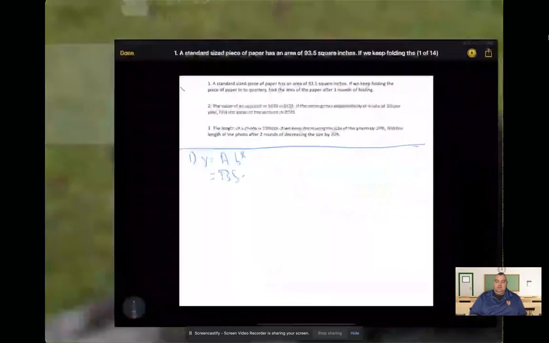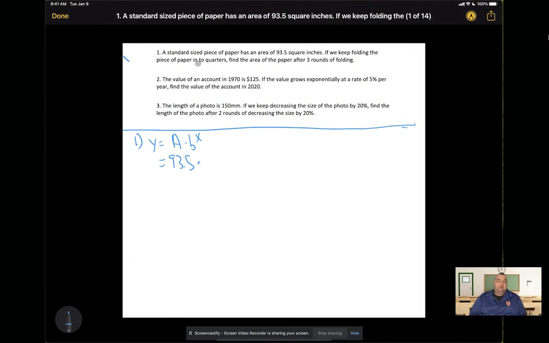The key in this case is that we're folding the piece of paper into quarters. So quarters implies that my decay factor is going to be 1/4 or 0.25.